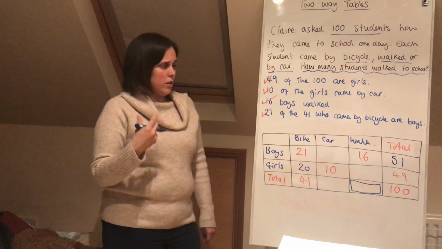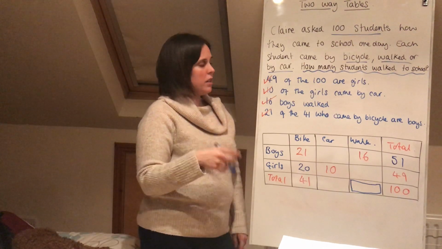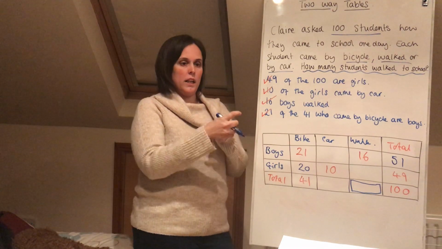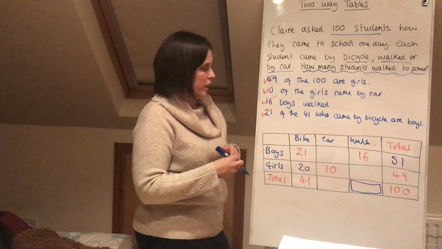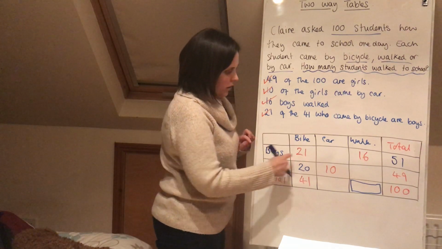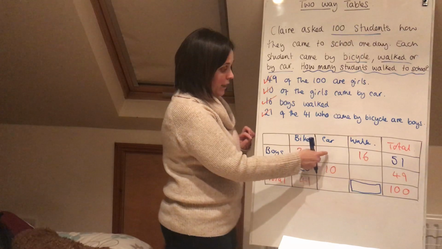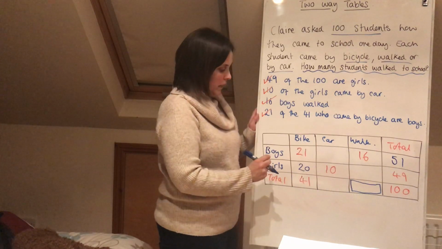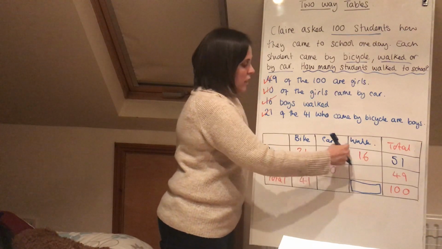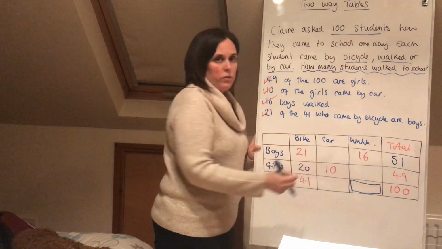Alright, and as you start to fill in numbers, you will see that you start to fill in another row or another column and only leave one gap, so then you can start to fill in the other bits and pieces. So the next one, if you have a look, we have a gap here and a gap here that we can complete. So this one here, we've got 21 and 16 plus this number have to add up to 51.